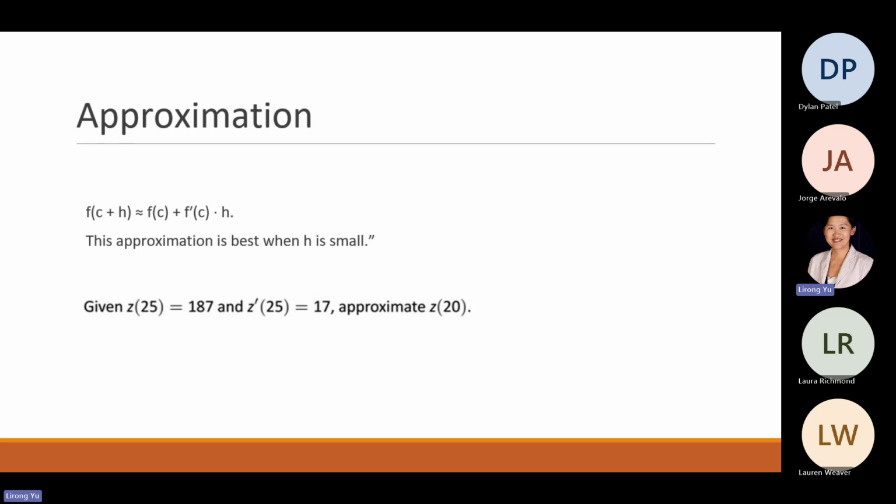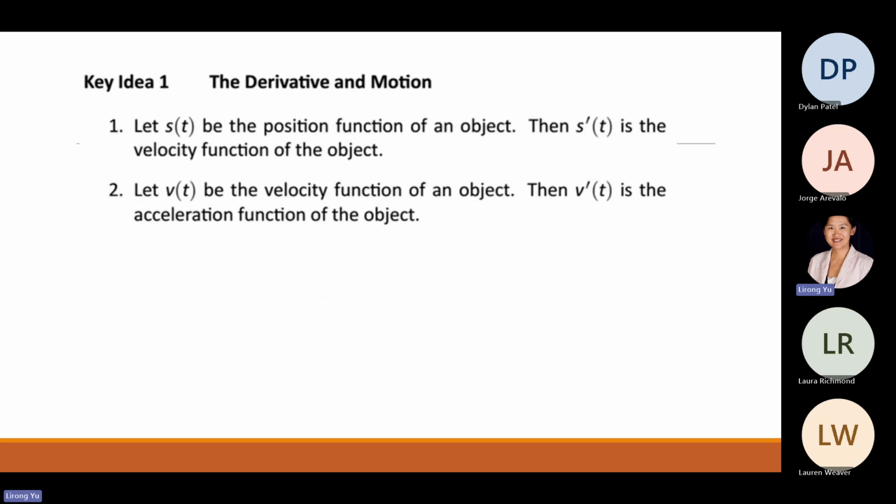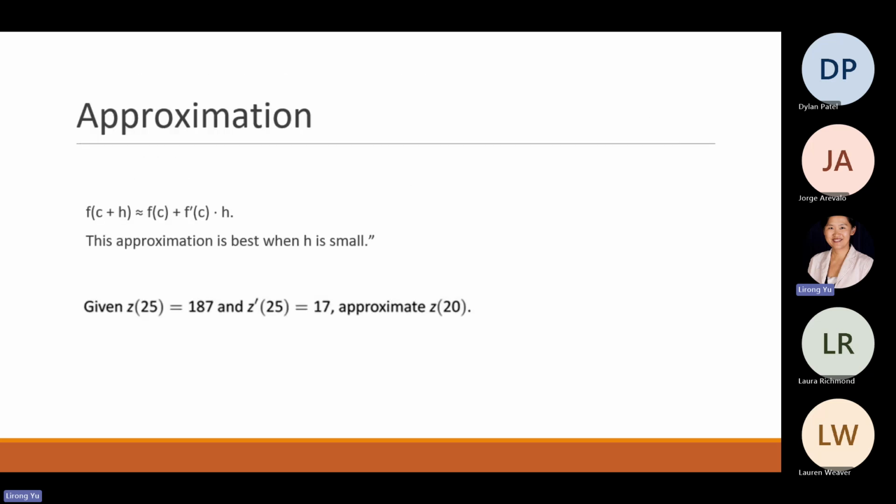And we did that over here, back in this example. We are trying to find out what z(20) is if we already have z(25). I think this is the example that we ended on. If you have z(25) and you want to find z(20), then obviously between 20 and 25, how much is changing? We're going down, right? 25 is given, trying to find 20.